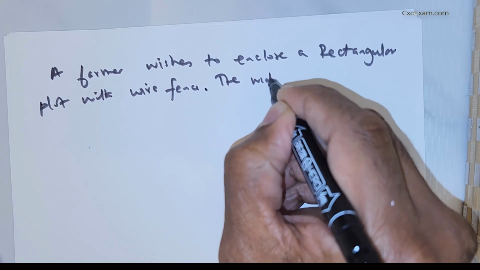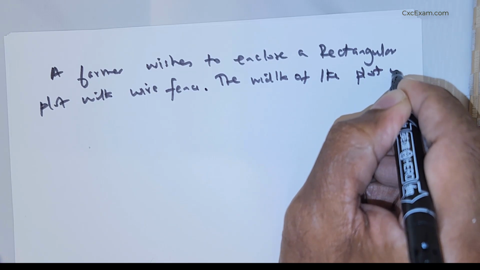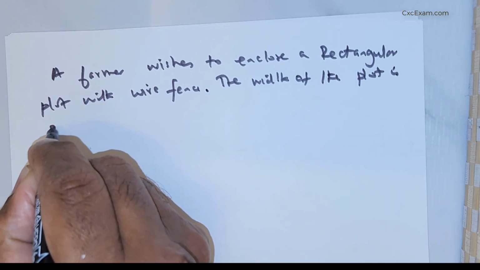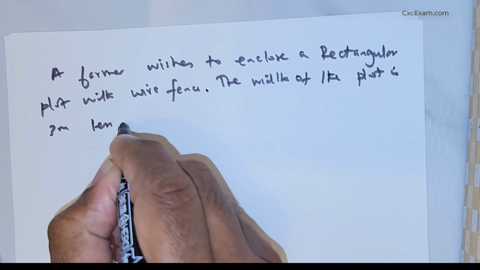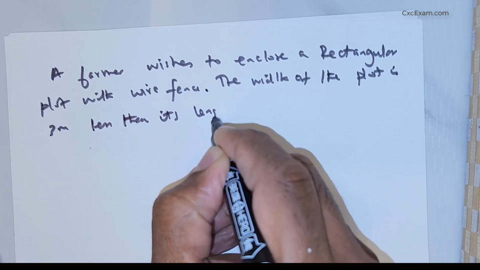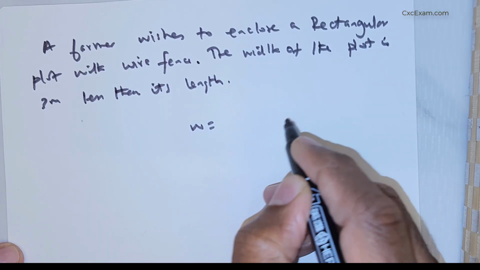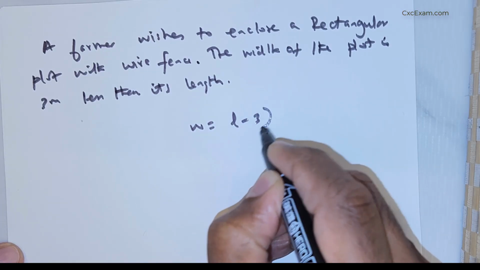The width of the plot is 3 meters less than its length. So width is equal to what? It is 3 meters less than its length.